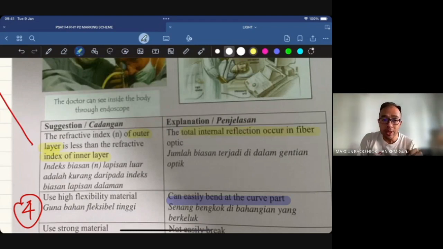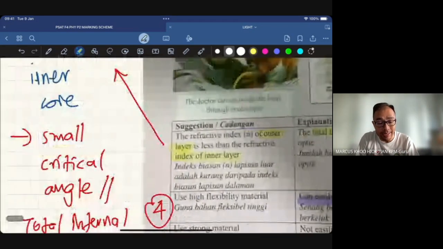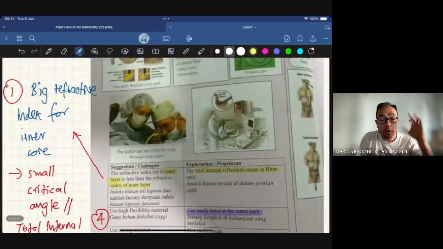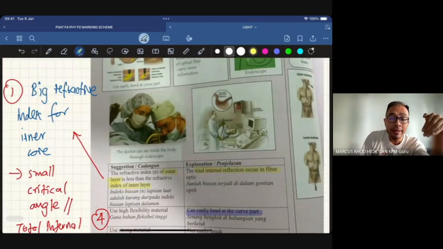But since this question is only asking for the inner layer, I'm going to adjust the answer a little bit. All we need to say is that the inner core punya refractive index must be big, which is still the same answer as the black book lah. Cuma black book dia cakap outer layer less than the inner layer, but in this one we say that the inner layer has a big refractive index.